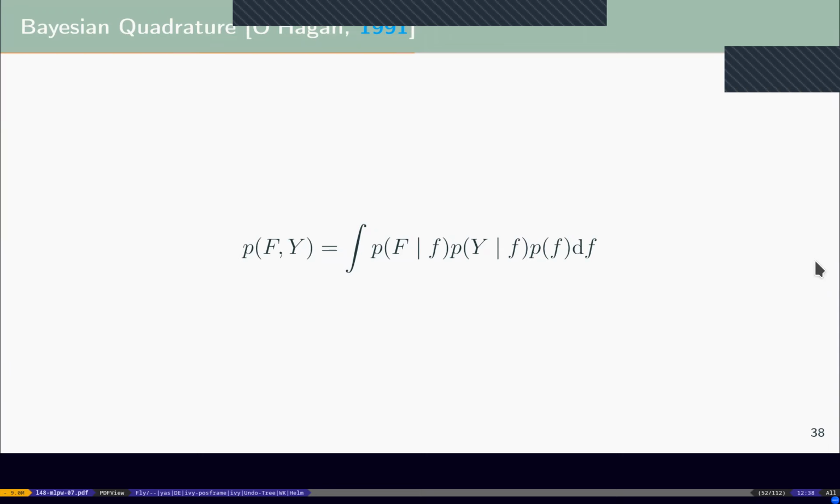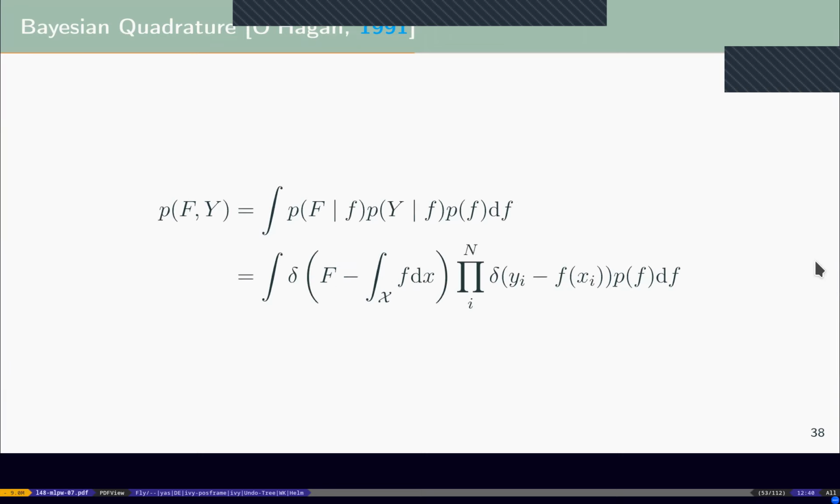Now we're going to simplify this a lot. We're going to pick delta functions for both of these distributions. The first one's not very surprising: if I know what the function is, I know what the integral is.